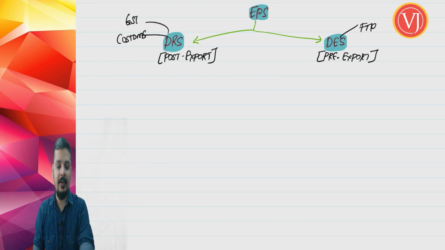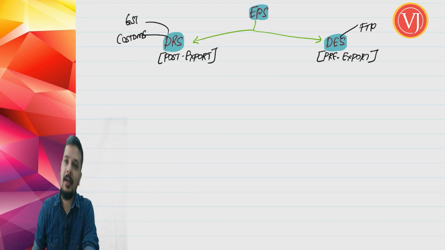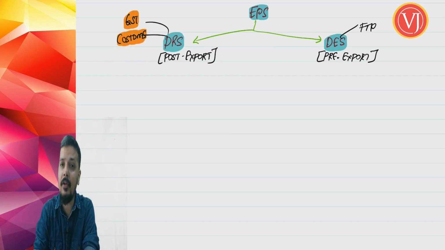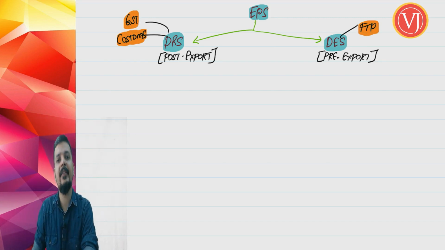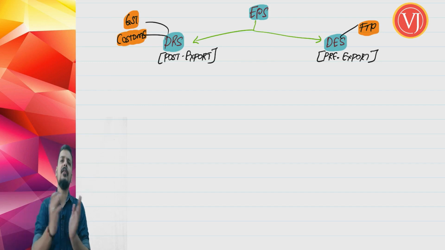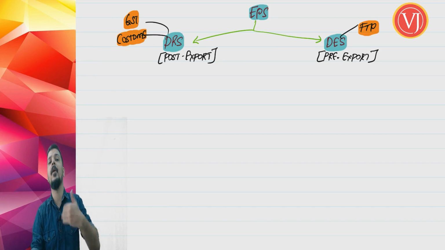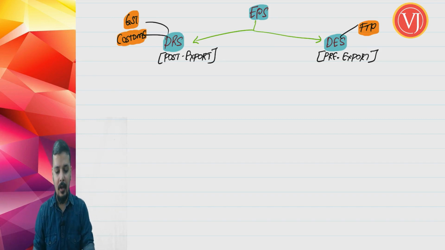The foreign trade policy tells that you have the duty remission scheme, for which you follow the procedures given in GST and customs, and you have the duty exemption scheme, where the policies are in the foreign trade policy, which will also be read along with GST and customs. The difference is that the duty remission scheme is after your export and the exemption scheme is before your export.